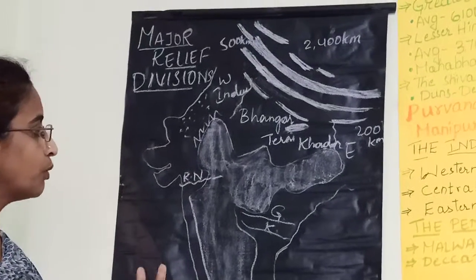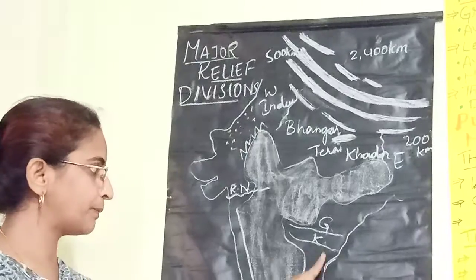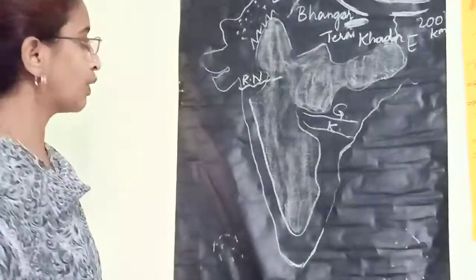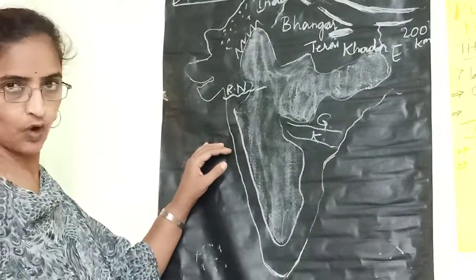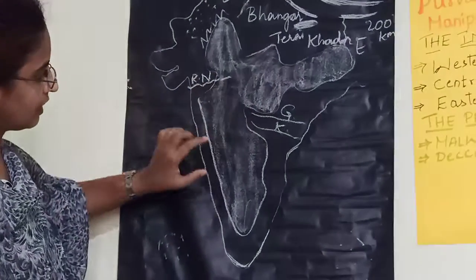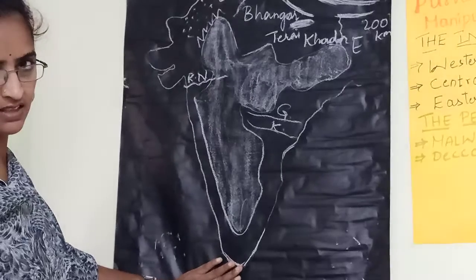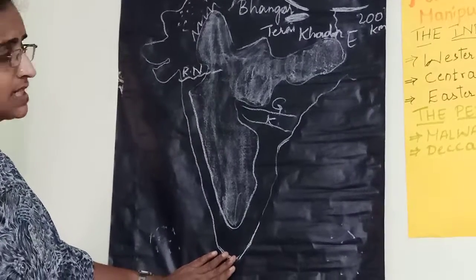Now two more relief features: the coastal plains and islands. Let us see the coastal plains. First, the coastal plain of Maharashtra, Goa, Karnataka and Kerala. These are the peninsular western states.